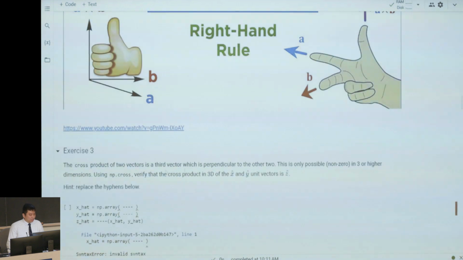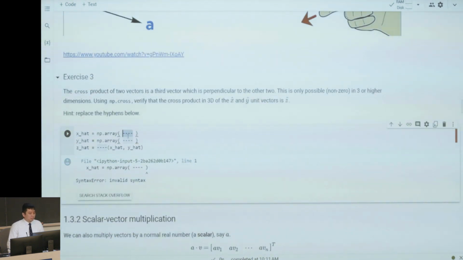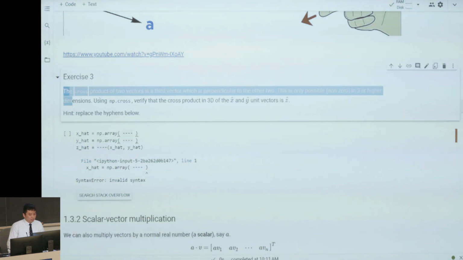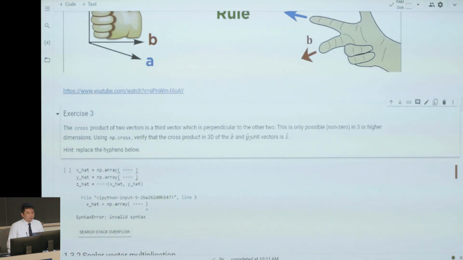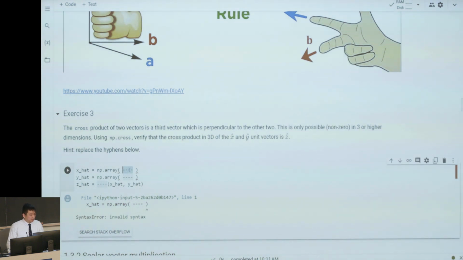And there's an easy way to do this in NumPy so that you don't have to do it manually. So in this exercise, I want you to verify that the cross product of the x and y unit vectors in 3D is the z unit vector. So I want you to define x hat here, y hat here, and then put something here to compute the cross product.